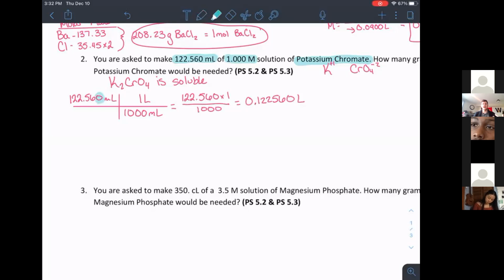All right, so now our next step is we have the liters and we have the molarity, and it wants us to find the grams. But liters and molarity, the only thing we can get from there is we can go to moles, which means we are going to use our molarity equals moles over liters to solve for the number of moles. So we can set up this problem as 1.000 equals the number of moles divided by the 0.12256.